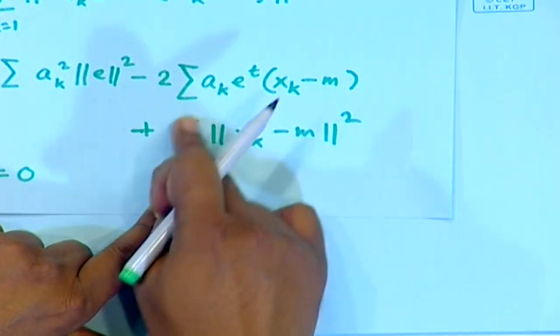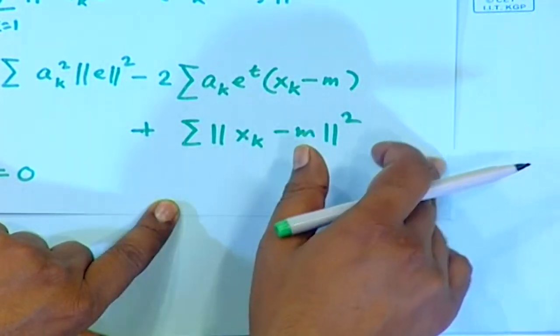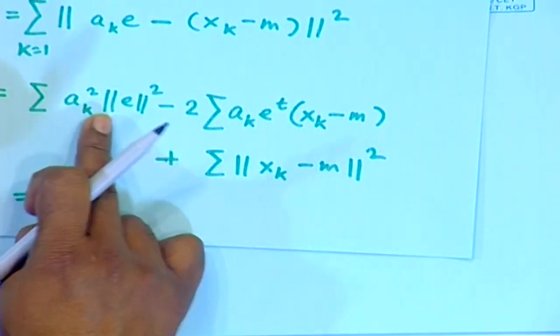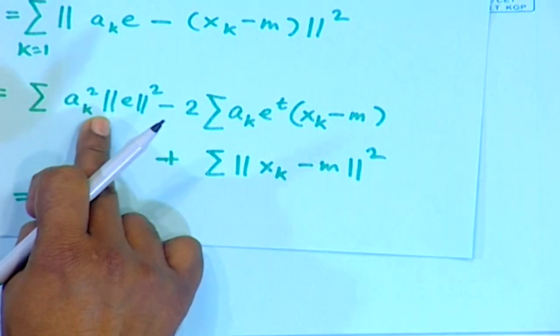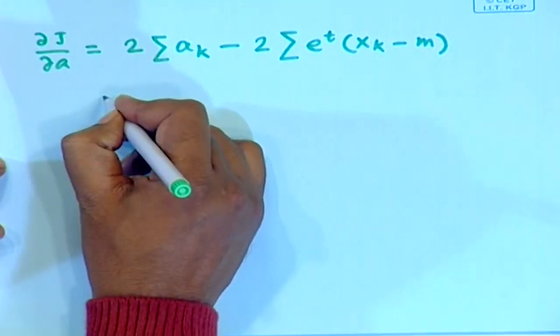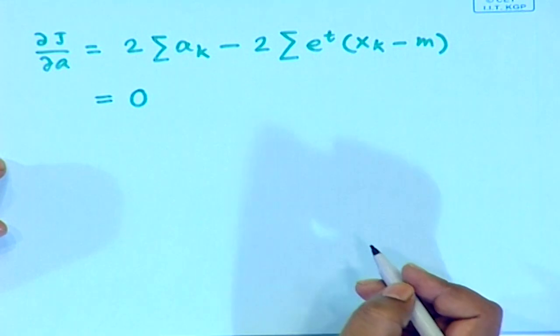This term is independent of a, so differentiating it with respect to a becomes 0, right. After differentiating, making use of the fact that modulus of E is equal to 1, I get this output, and I have to equate this to 0 for minimization.